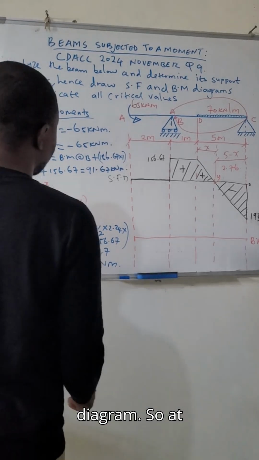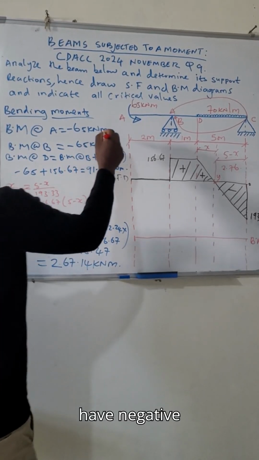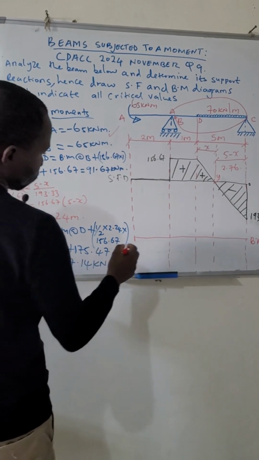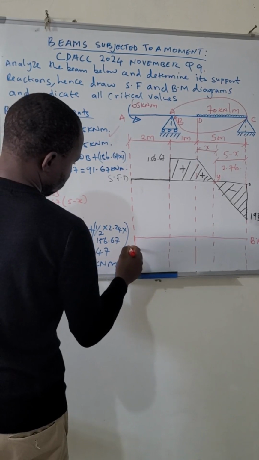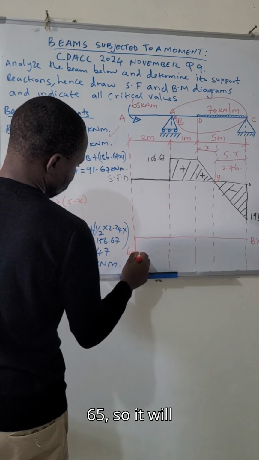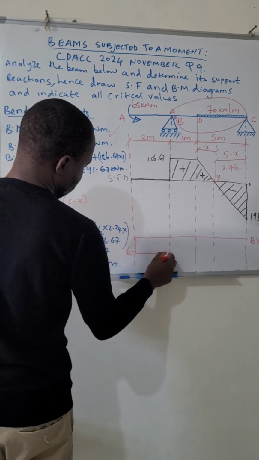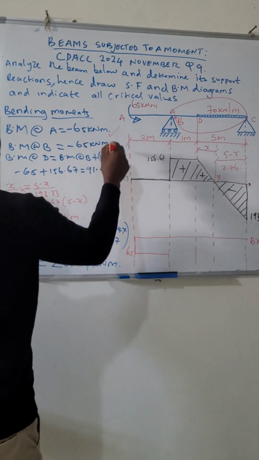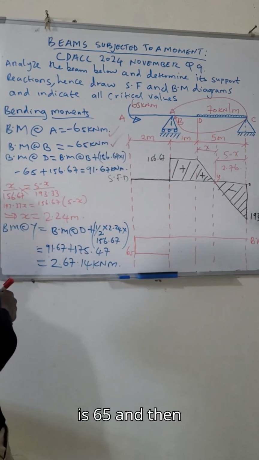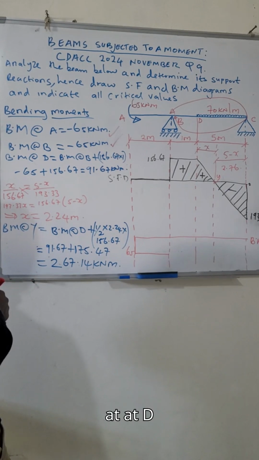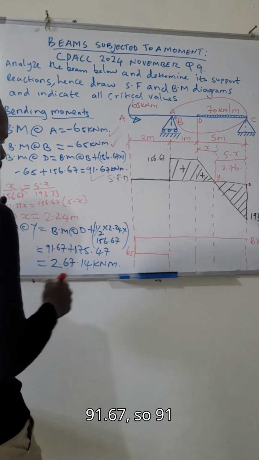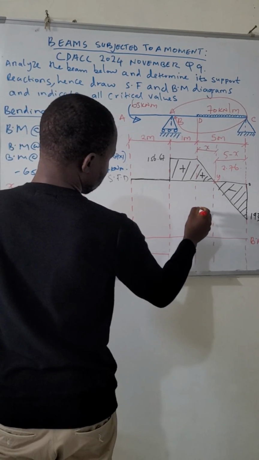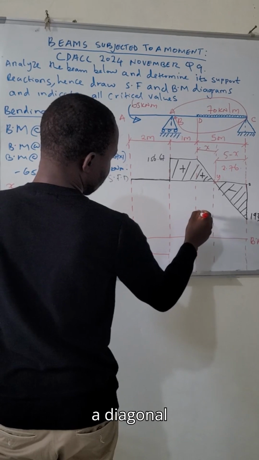At point A, we have negative 65, somewhere like there. So it will be constant up to point B, because B is also negative 65. And then at D, we have 91.67. So let's approximate around there. So it will be a diagonal line.